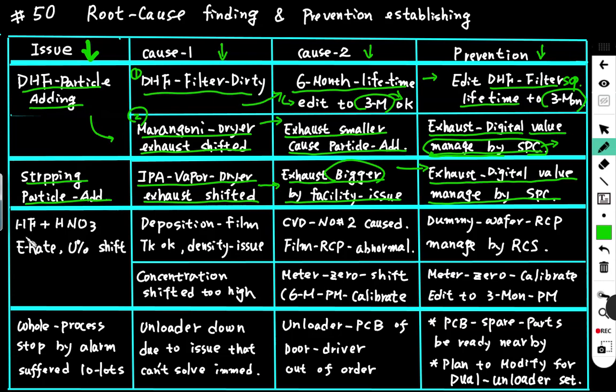And another example, HF and HNO3 tank chemical: the etching rate shift and the uniformity shift.